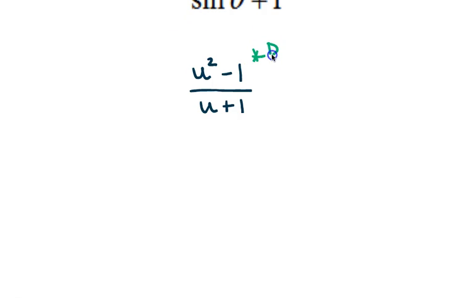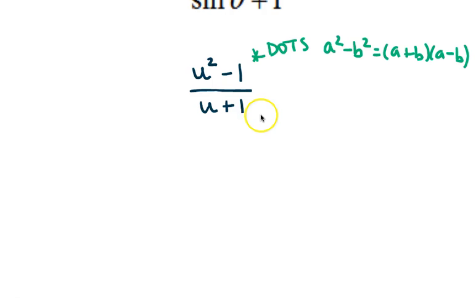In the numerator here, we see difference of two squares. Keep in mind, if we have a squared minus b squared, that equals a plus b, a minus b. Okay. So I'm going to think of my a squared like it's u squared, and I'm going to think of my b squared as being 1.